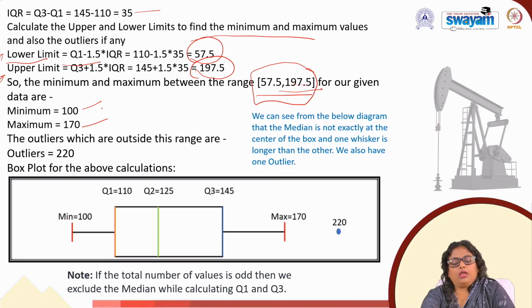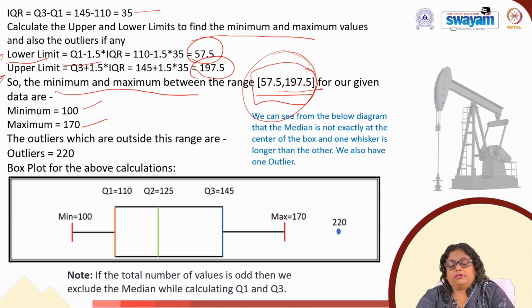So we have calculated the lower limit and upper limit, and calculating these gives us a range. Our minimum and maximum will be between these two, the lower limit and the upper limit. Seeing that range, we can find the maximum and minimum from the data set.